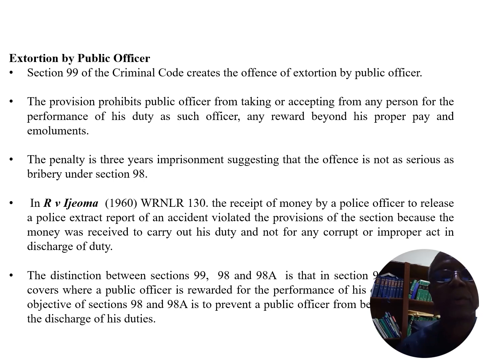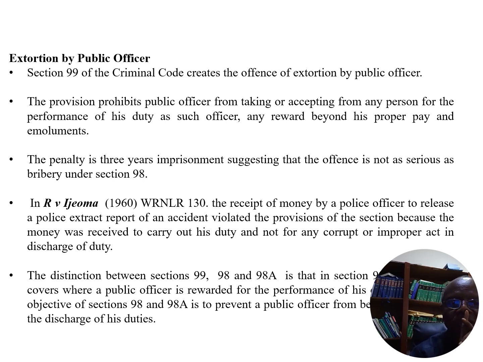Now, what Section 99 is trying to say is that if a public officer, after he has performed his official function, is conferred with a property or benefit, that constitutes the offense of extortion.